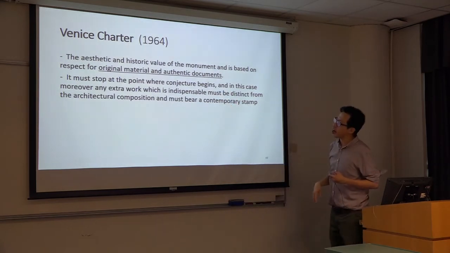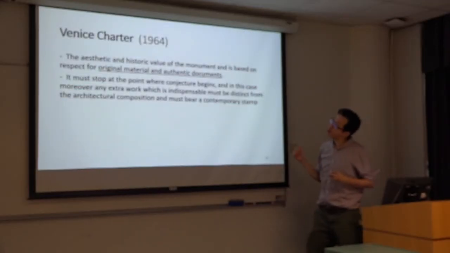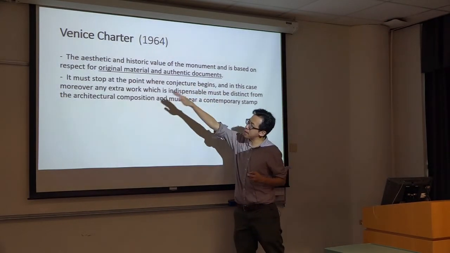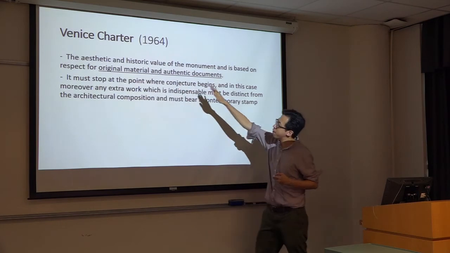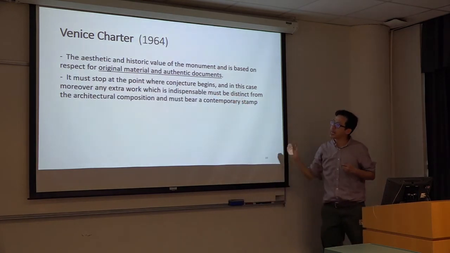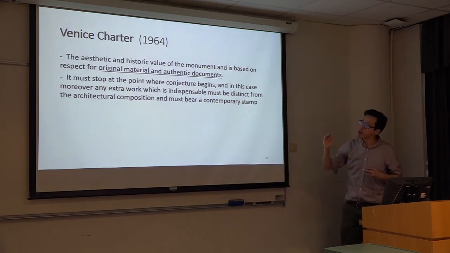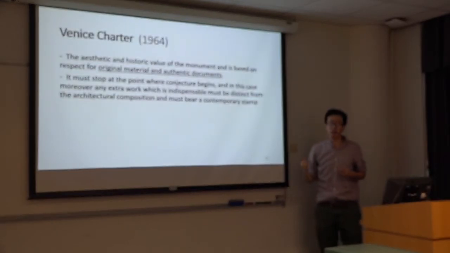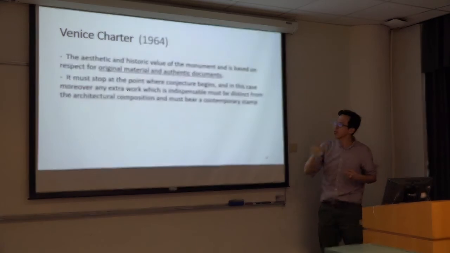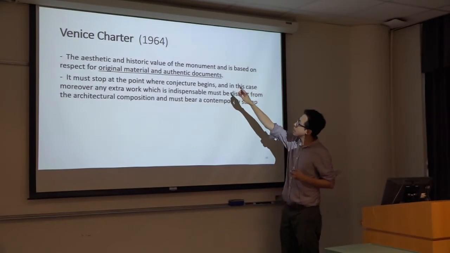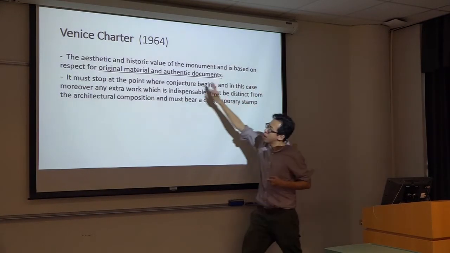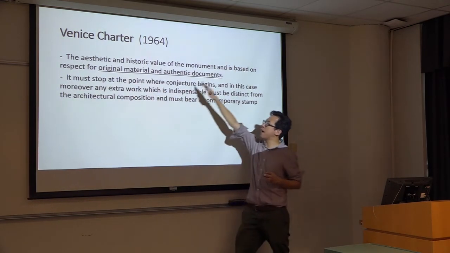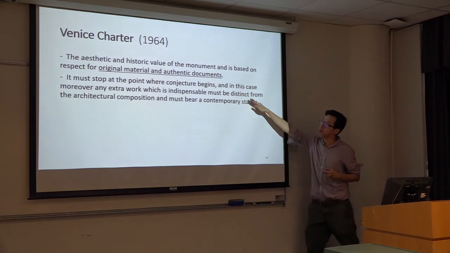In this chapter, it talks about how to define and how to make sure the aesthetic and historic value could be preserved. And when we try to evaluate authenticity, when we try to evaluate OUV, according to this document, it has to be based on respect for original material and authentic documents.